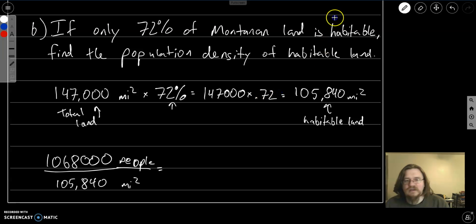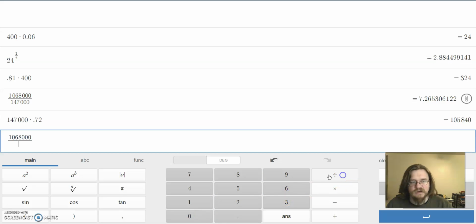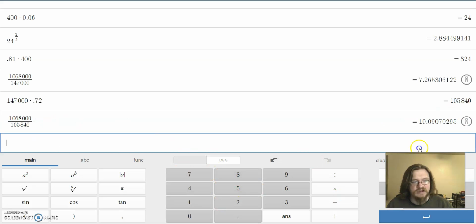And again, we can just plug this into Desmos. We had 1,068,000 divided by 105,840. Luckily, that number is still there, so I can just type it in, hit enter, and we get 10.090.